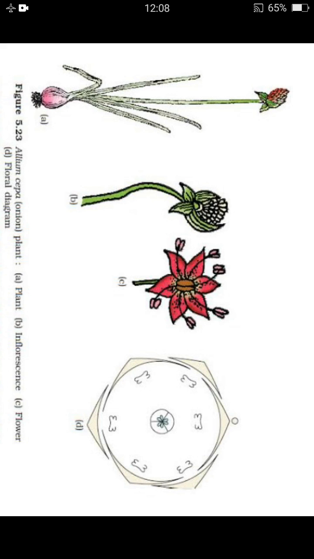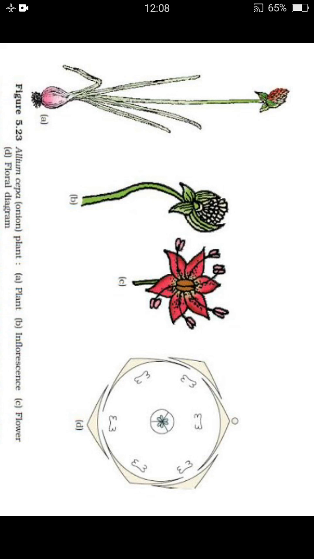So how many are there inside the diagram? There are 3. That's why it is called 3 carpels. Next, syncarpous ovary, and the ovary is superior. Superior ovary, as we discussed in the previous class, means the ovary is above on the thalamus, where the rest of the floral parts are presented below the ovary. Hence it is called a superior ovary.